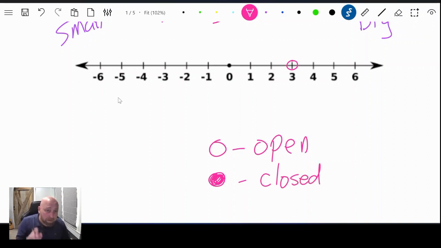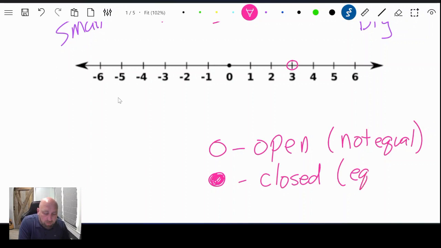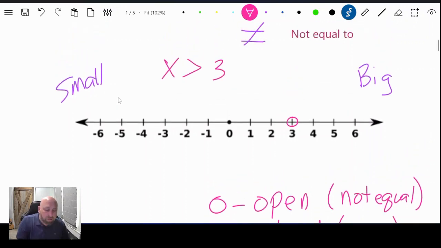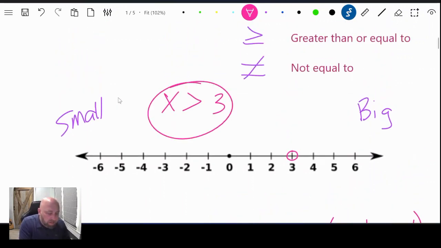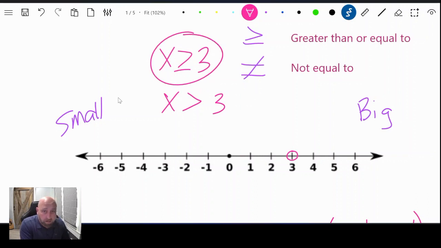Now, open dots are for when it is not equal, and closed dots are for when it is equal. All right, so now what does that mean? Here, this does not have an equal with it, so it's not greater than or equal to. If it said x is greater than or equal to 3, then we would use a closed dot on that one.